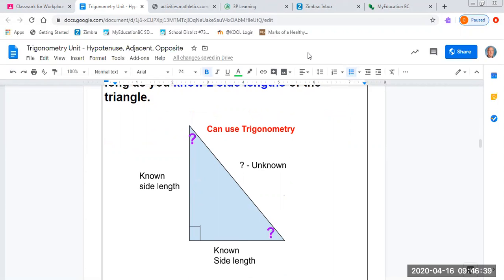What I mean by that is, if we know this side length and another side length, then using trigonometry, obviously this is always 90 degrees, it has to be a right triangle, we can find out these two angles. So that's another use of trigonometry, to find out a particular angle when we do not know it.